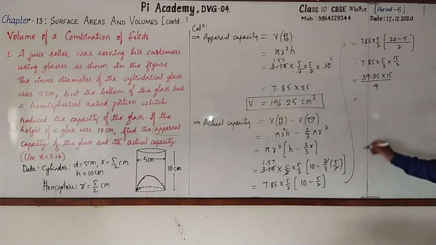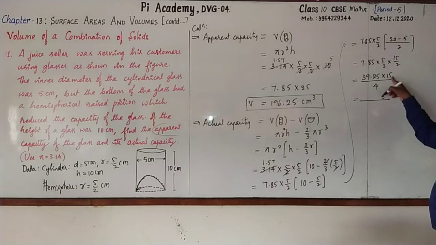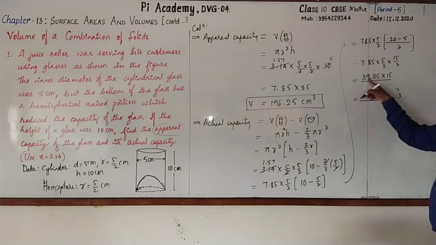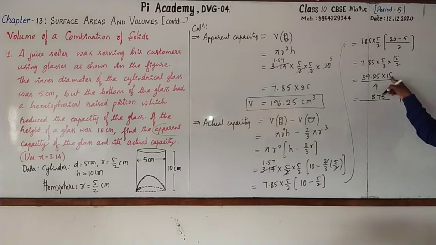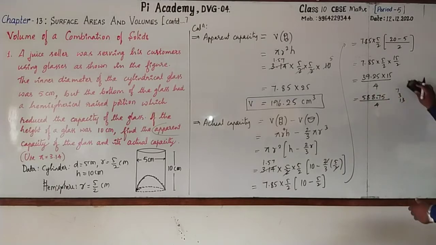Just multiply this. 15 5s are 75, 7 is the carry. 15 2s are 30, 30 plus 7, 37, 3 is the carry. 15 9s are 135 plus 3, 138, 13 is the carry. 15 3s are 45, 58. After decimal, 2 digits, divided by 4.